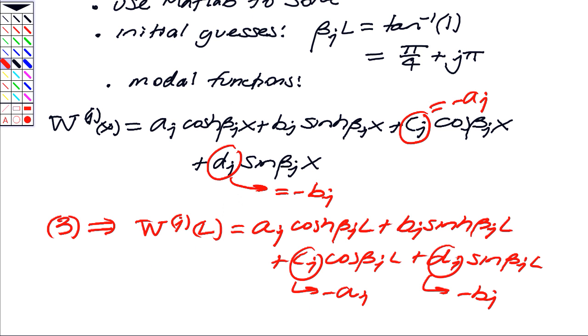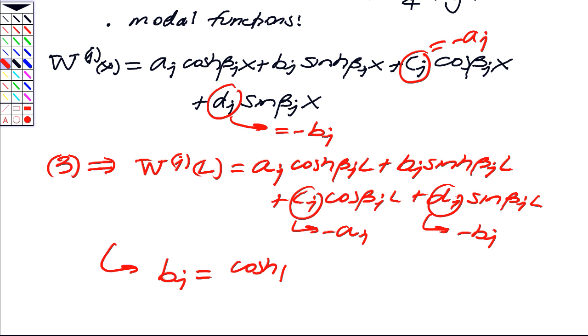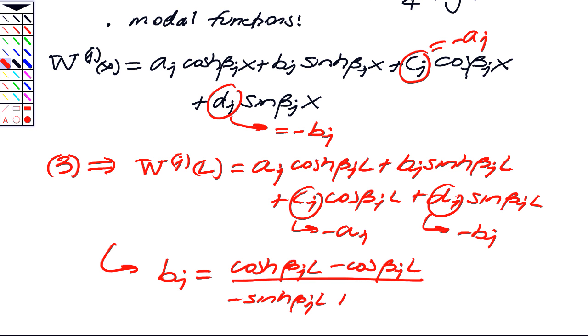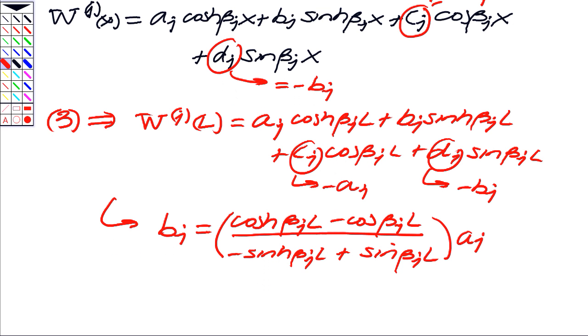So from this, we can solve for Bj in terms of Aj. So Bj is cosh beta j L minus cosine beta j L divided by minus sinh beta j L plus sine beta j L, all times Aj. So we know what Cj is in terms of Aj, and Bj in terms of Aj.